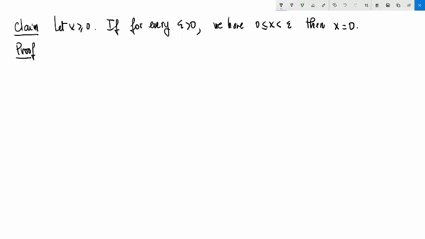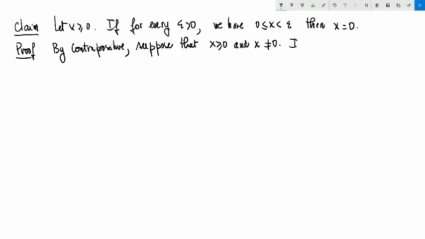So by contrapositive, suppose that x is greater than or equal to 0 and somehow x is not 0. In other words, x must be strictly bigger than 0.